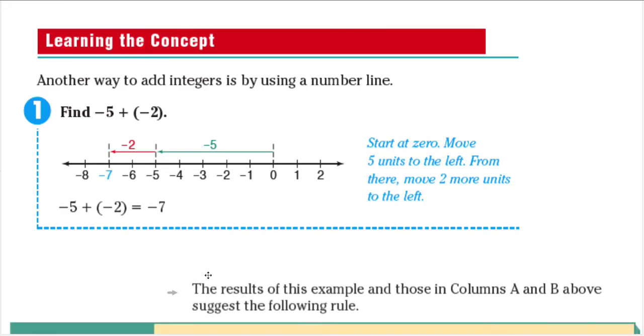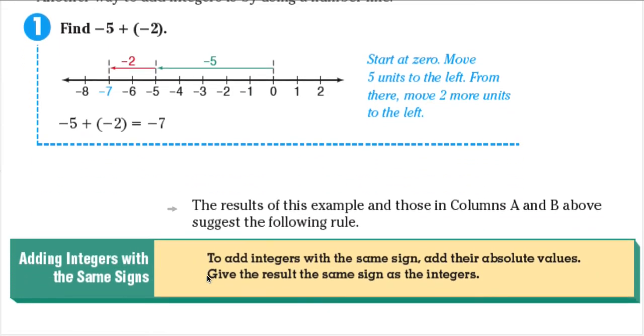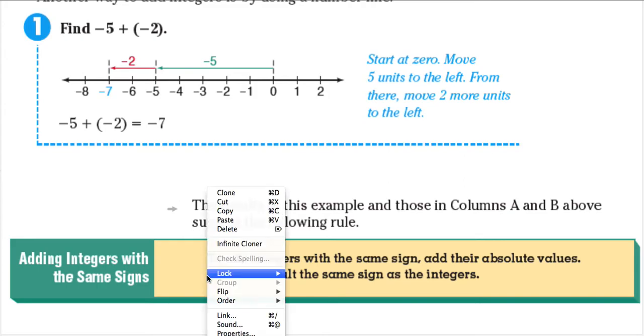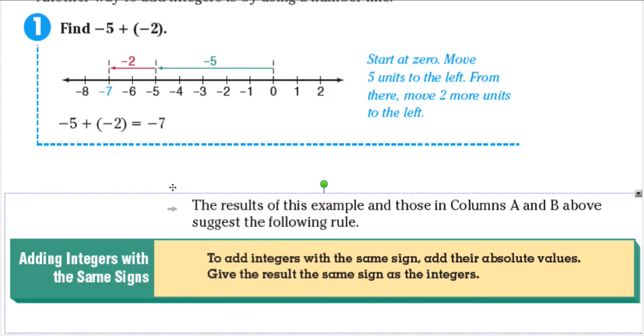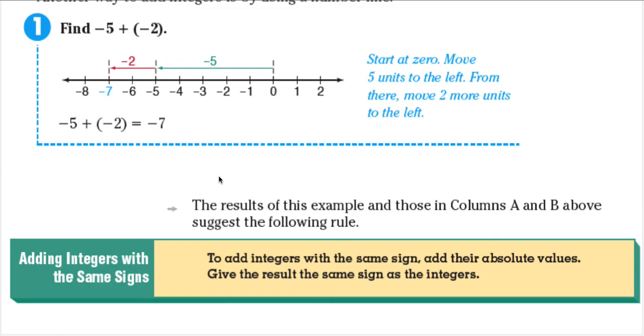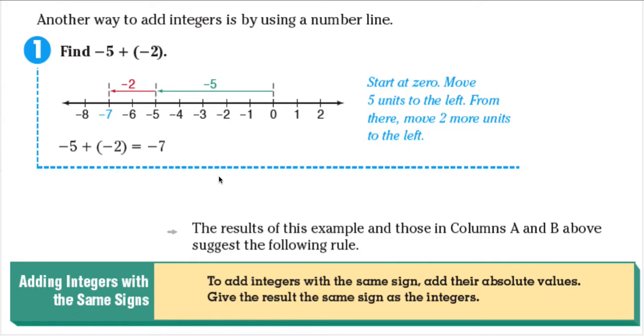The results of this example and those in columns A and B above simply mean this: when you're adding integers with the same sign, add their absolute values, give the result the same sign as the integers. If you look at negative 5, the absolute value of negative 5 is 5. Absolute value of negative 2 is 2.